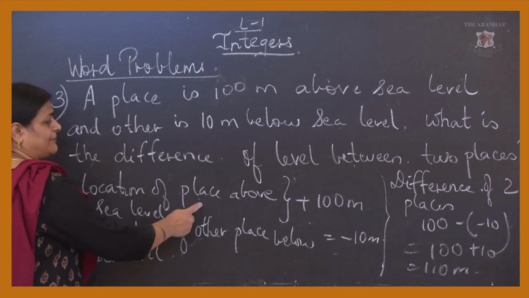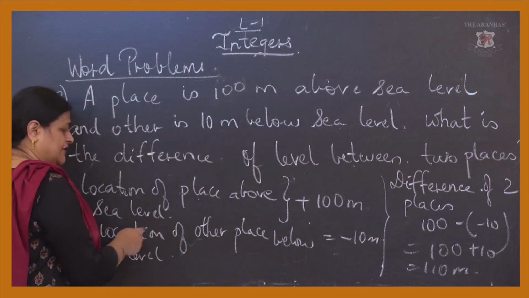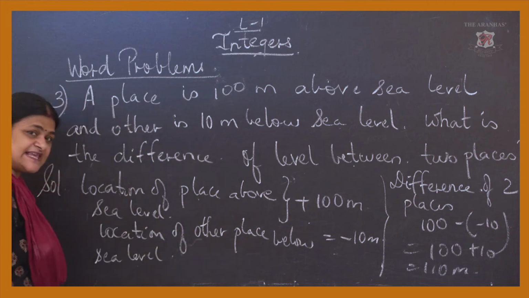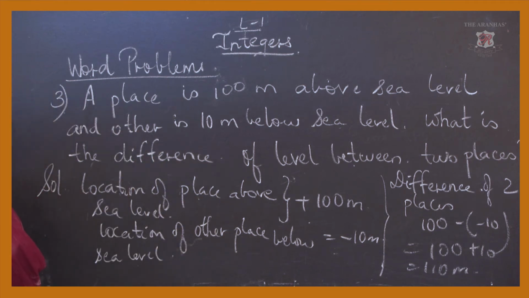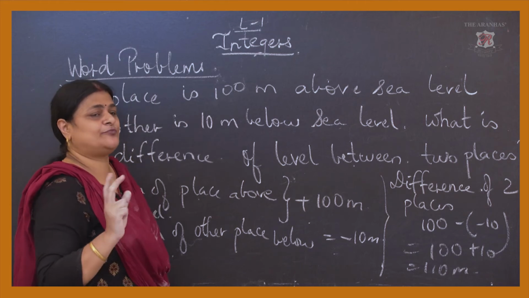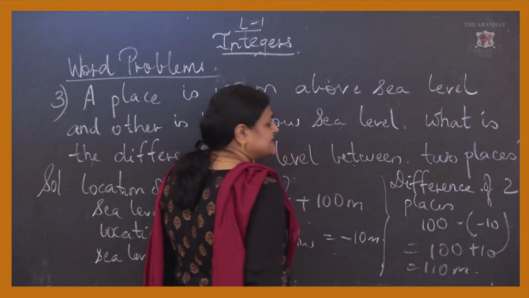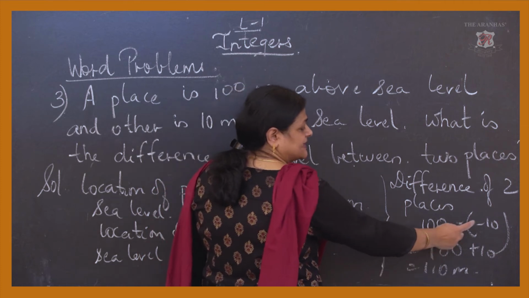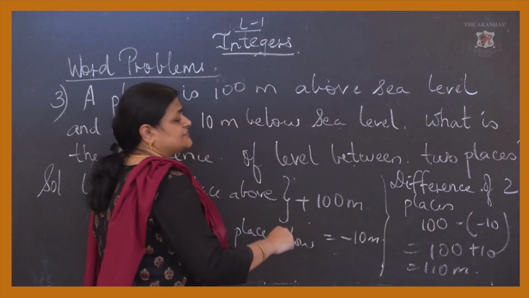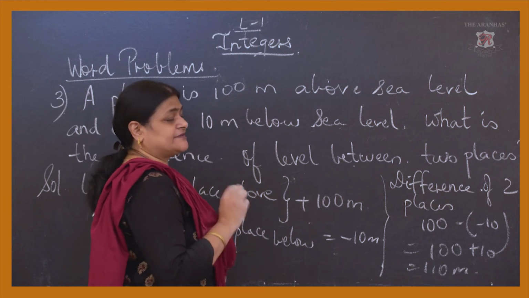So location of the place above the sea level is plus 100 meters, location of the other place below the sea level is minus 10 meters. So now you have to find the difference between the two places. That will be 100 minus of minus 10. So minus into minus will give you plus. So 100 plus 10 will give you 110 meters.